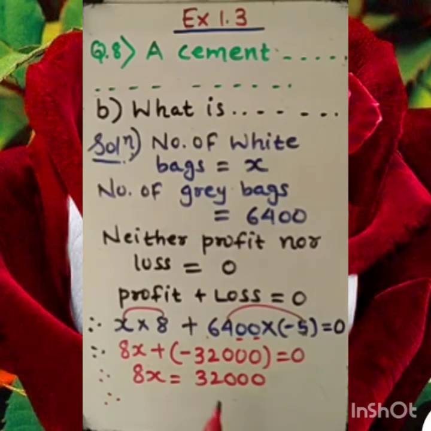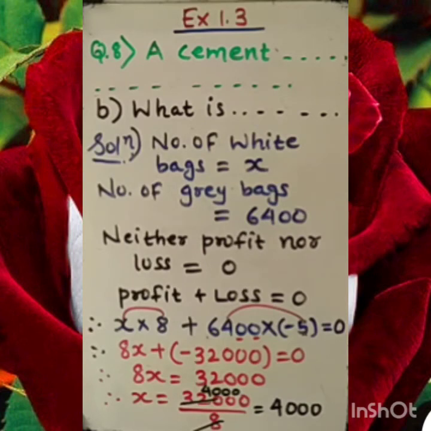This you are going to learn in chapter 4. The concept of this you will learn in chapter 4. So far, for this sum, you remember how to simplify. So here it is 4, so it is 4,000. So x equals 4,000. What was x? x is the number of white cement bags we need to find.